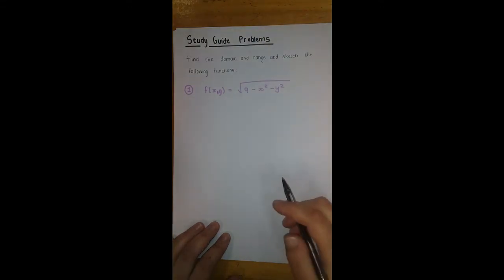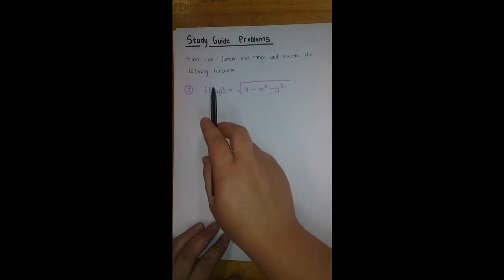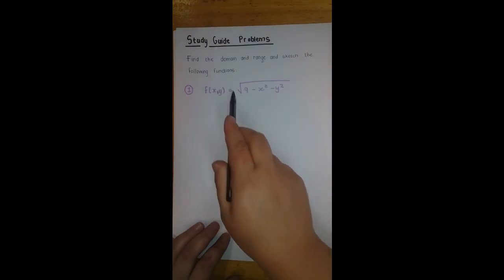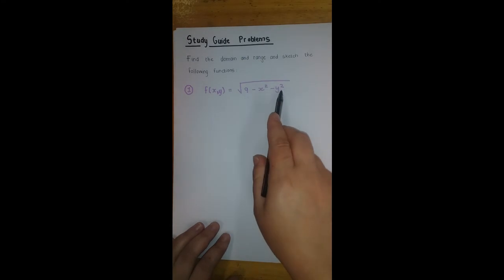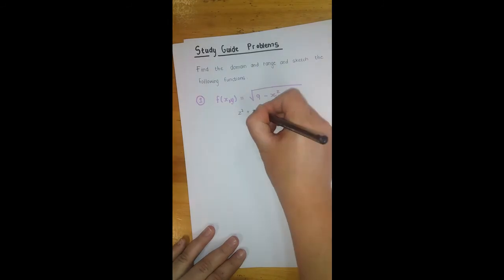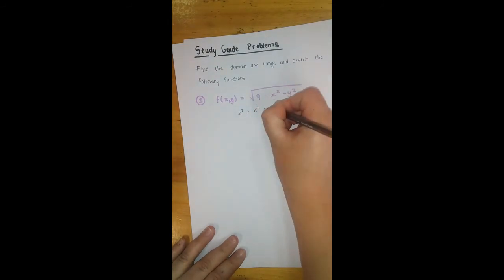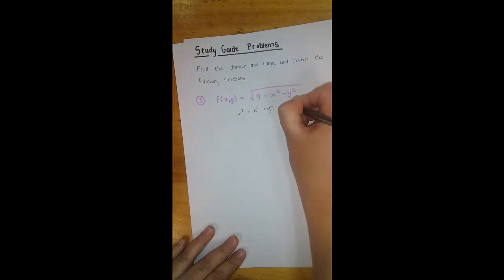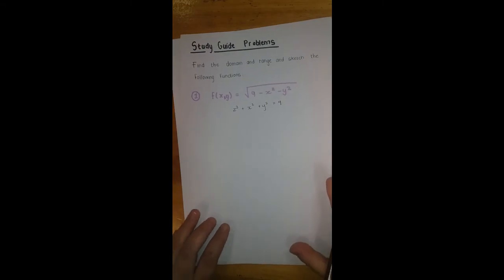Now, if you look closely, you'll see that this is a sphere, because if you square both sides, it will be z squared is equal to 9 minus x squared minus y squared, so z squared plus x squared plus y squared is equal to 9. So it should be pretty easy to sketch.